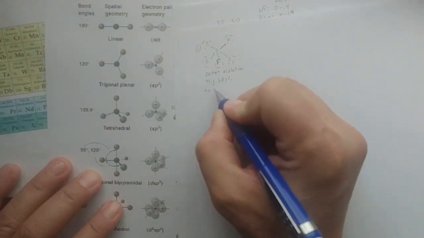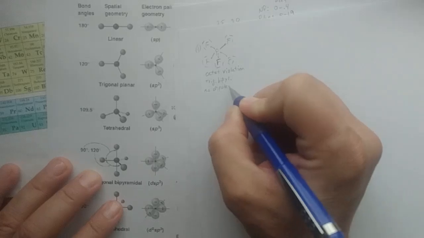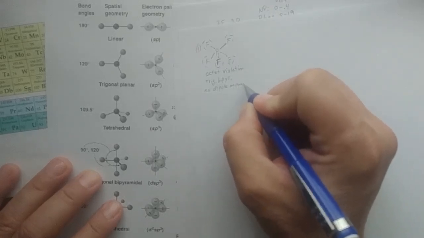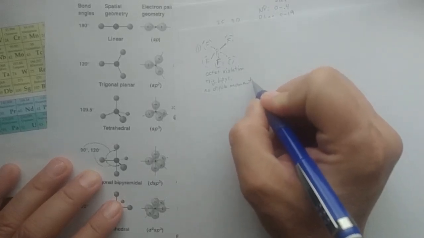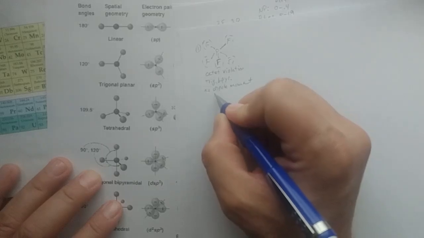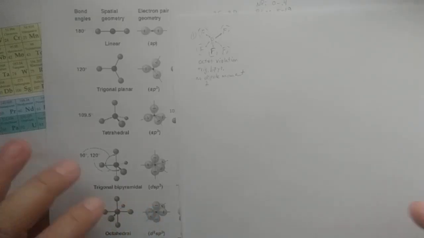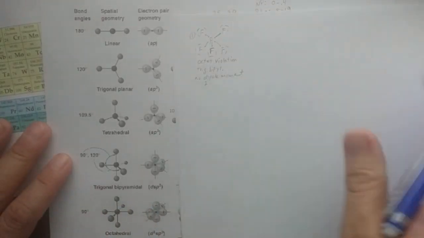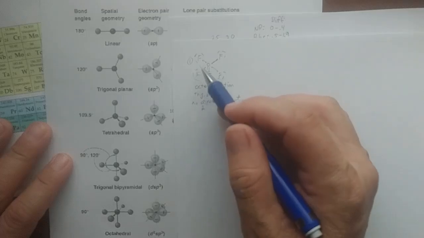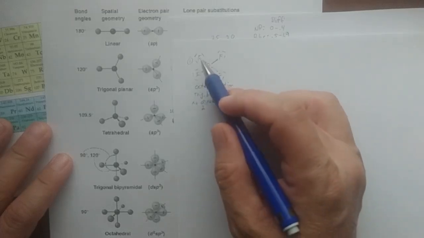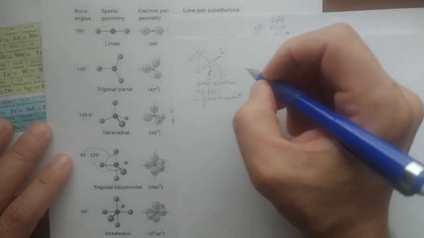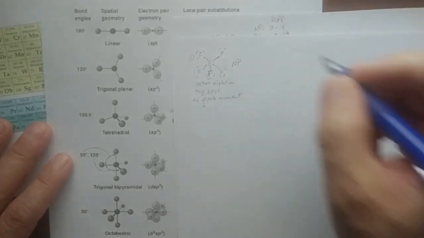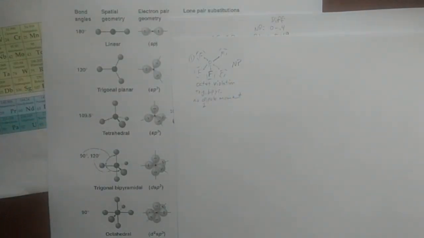There's no dipole moment. And di means 2. You don't have 2 poles like north-south on a magnet. There's only one situation here where on the outside they're all negative. So this is nonpolar.